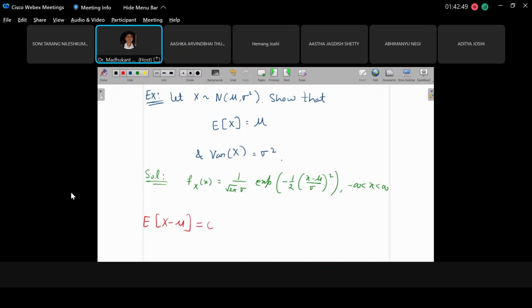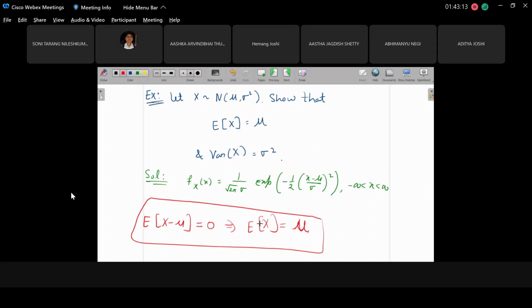If I show this, this implies expectation of x equals mu. Because expectation is linear, I can use that fact and prove that expectation of x is mu. Why I have chosen this x minus mu is because x minus mu is sitting in the argument.